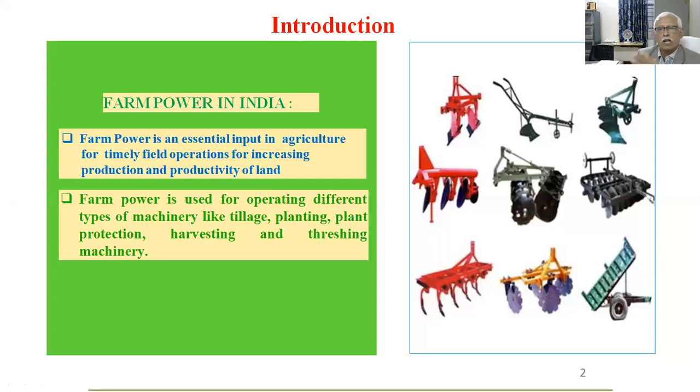So you can see we have cultivators, ploughing equipment, and a dump trolley for carrying also. All these are implements, called agriculture implements. We'll be needing some power in order to use these implements. That power will come through mechanical equipment powered by whatever sources, which we'll be talking about. There are several kinds of sources we'll be talking about.